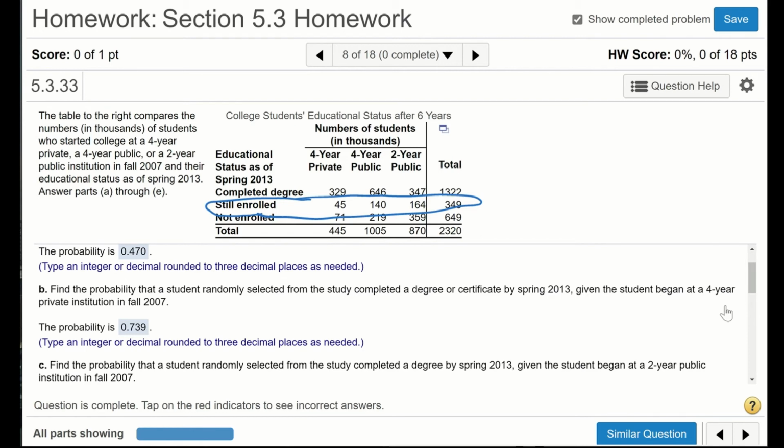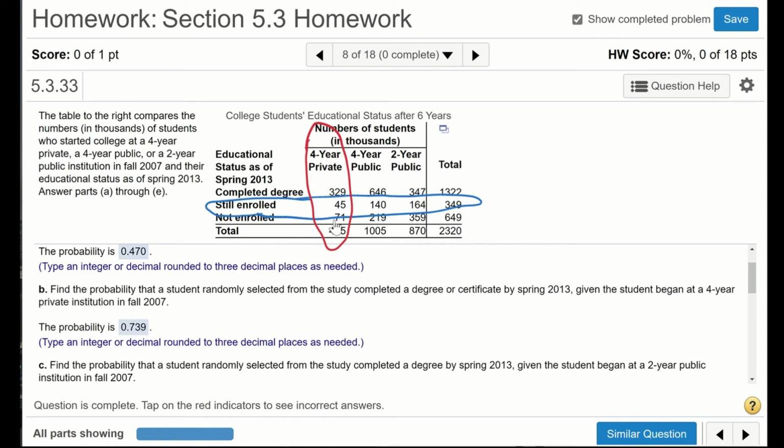The student began at a 4-year private institution. So we're going to actually be looking at 4-year private. So now we're looking in here. Okay, that's going to be the sample space size that we're going to concern ourselves with.